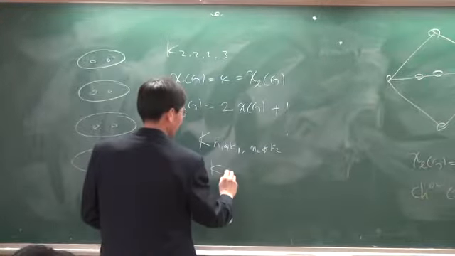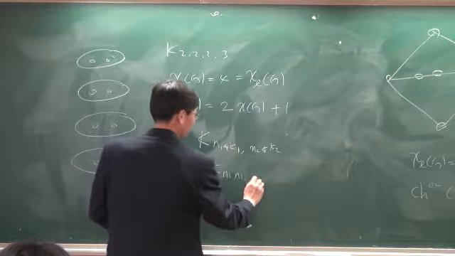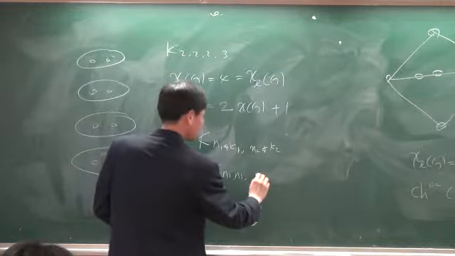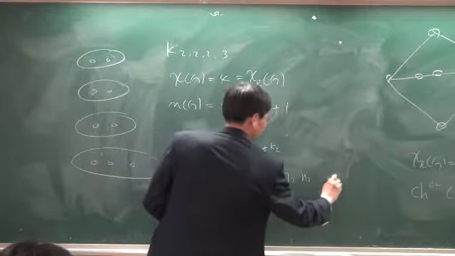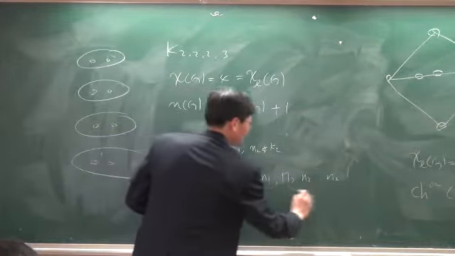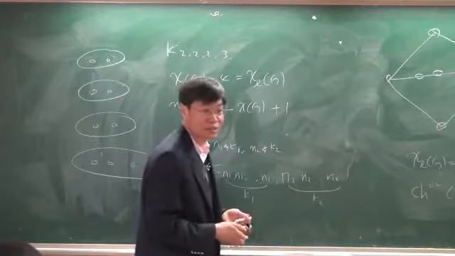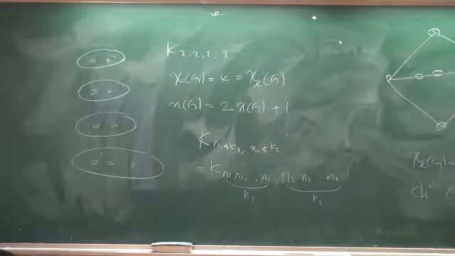N1 appears K1 times, and N2 appears K2 times. So here, what is the meaning of 5 star 3? 5 appears 3 times, and then 4 appears 2 times.